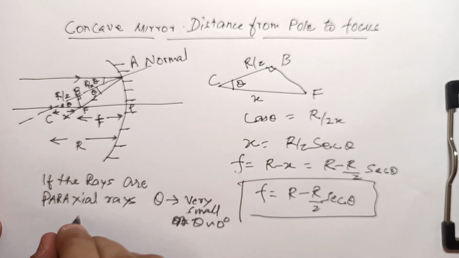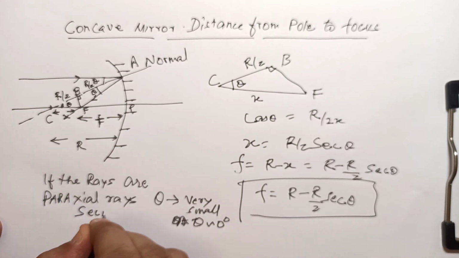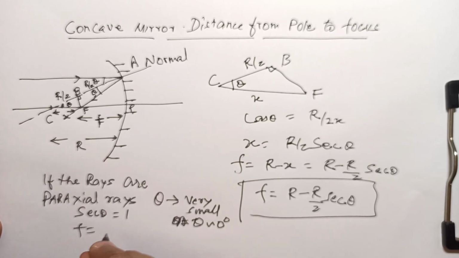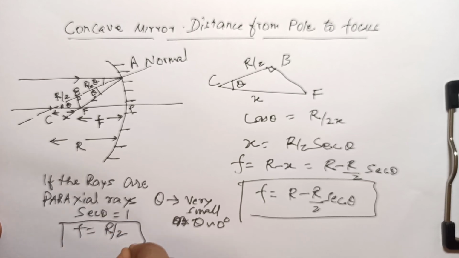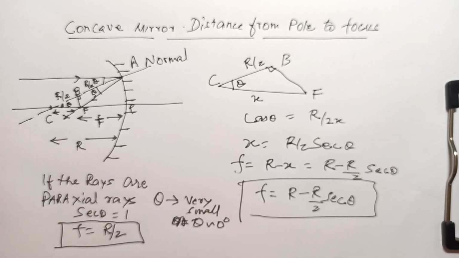So sec theta is equal to 1, or f is equal to r by 2. So the focal length in the case of paraxial rays is equal to r by 2, half of the radius of curvature.